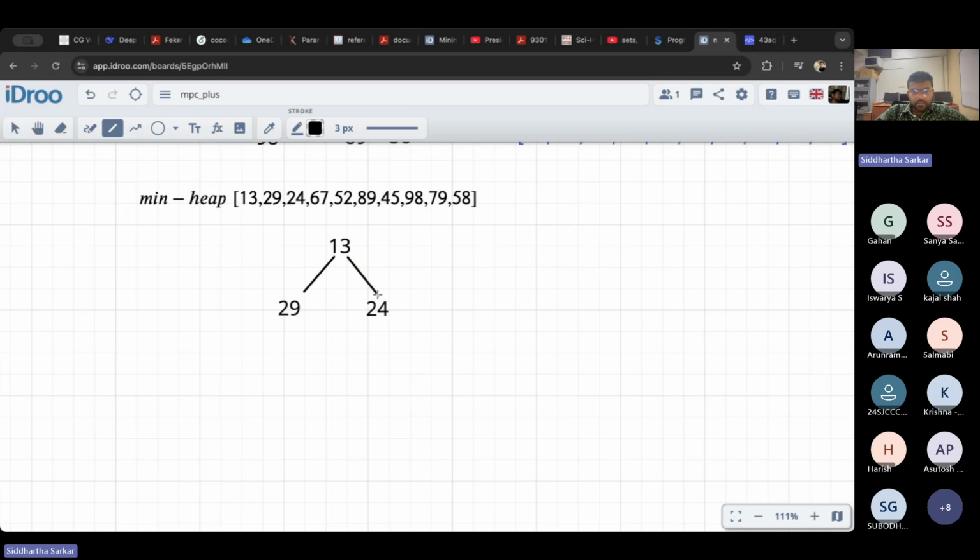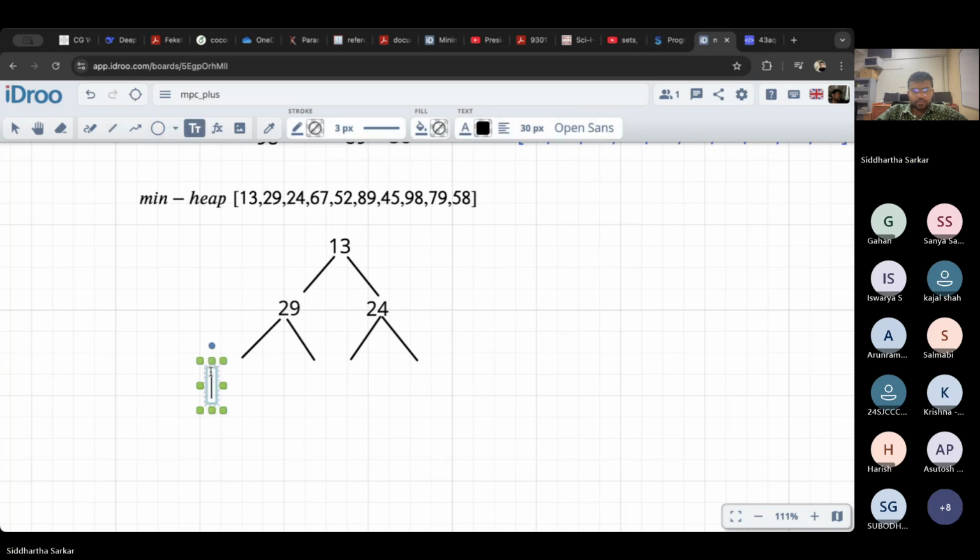I'm constructing the original heap. So then we have 67 and 52. If I make a mistake, please point it out, which can happen if I'm not attentive. 67 and 52. Then we have 89 and 45.